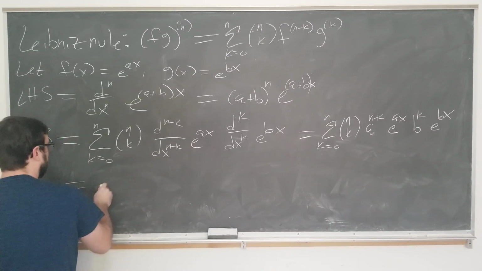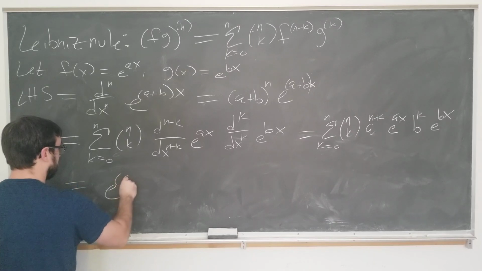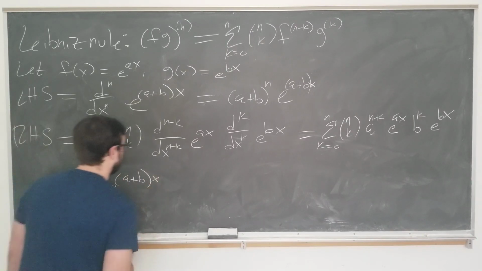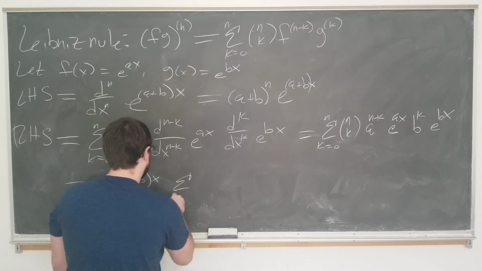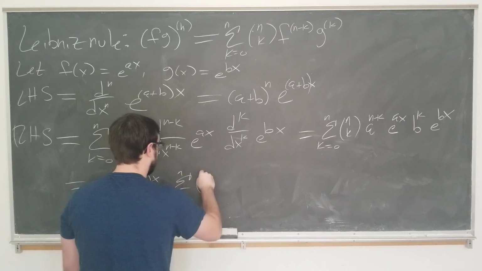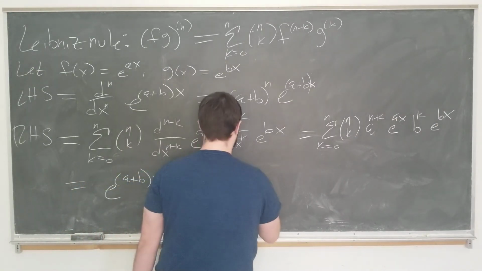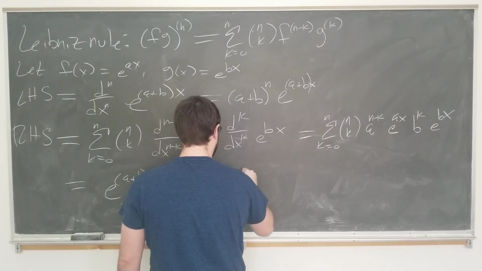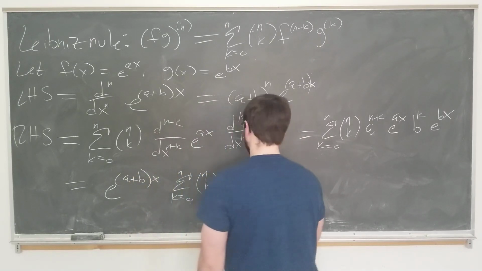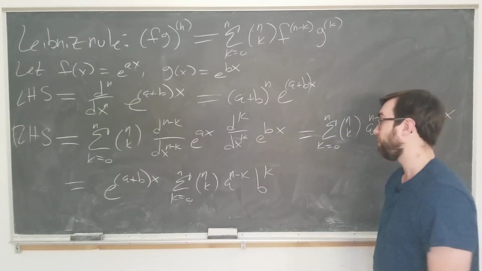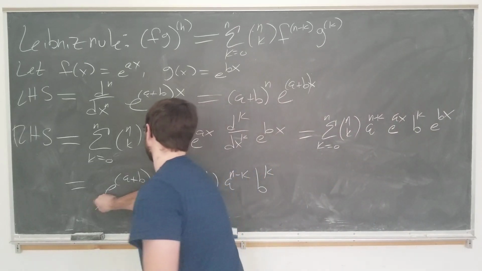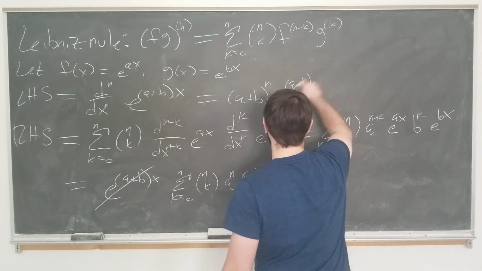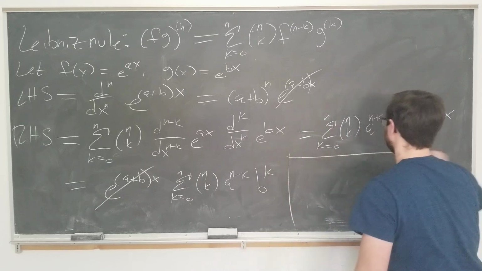Okay, we're factoring out an e to the a plus bx. Sum k equals 0 to n, n choose k, a to the n minus k, b to the k. And now all we have to do is cross out the e to the a plus bx on both sides.